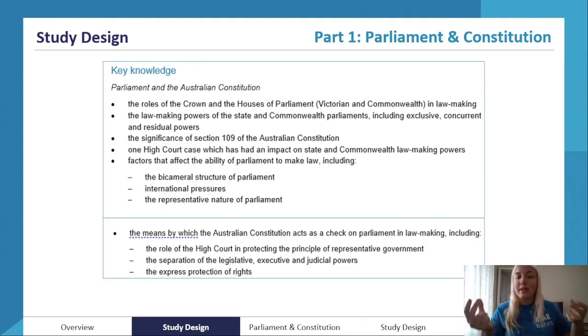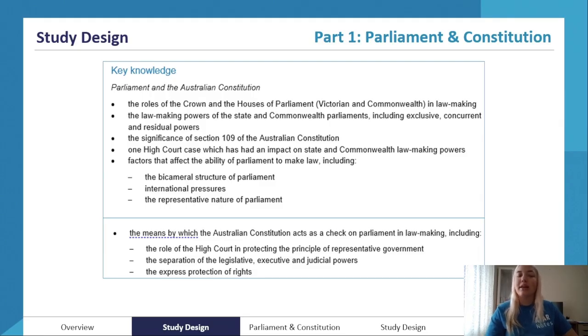And usually you'll find this pattern at the very end. We'll look at quite a few different cases, more examples than you actually need. You'll be able to see that usually, due to High Court decisions, the Commonwealth's lawmaking powers are expanded and the state powers are reduced. That's generally what happens with most of these cases where they're both parties.